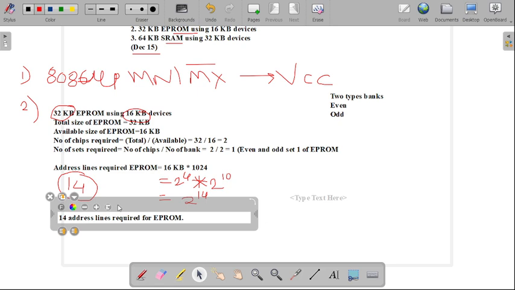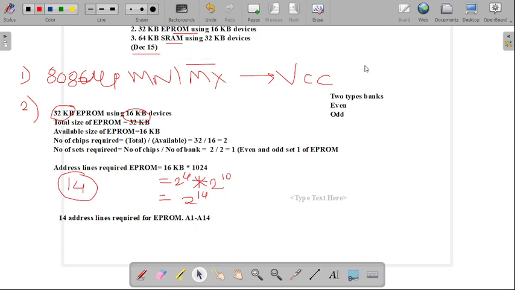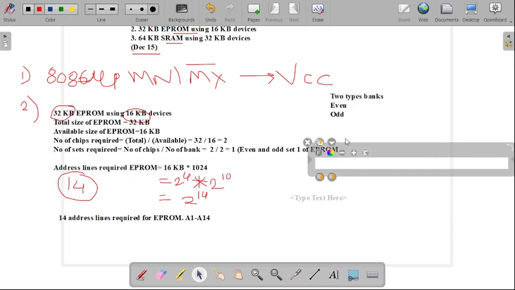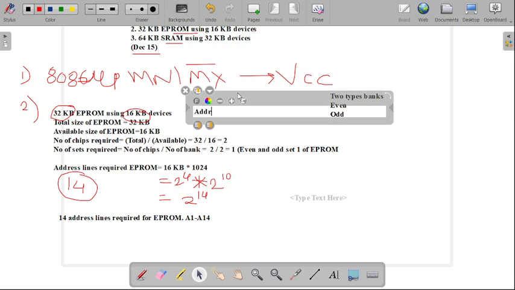Now we have to write down the address line numbers. So I'm taking A1 to A14. Why A1 to A14? In the case of our address bus, there are a total of 20 bits of address bus available. The size of our address bus is 20 bits, and out of that we use A0 to A19.